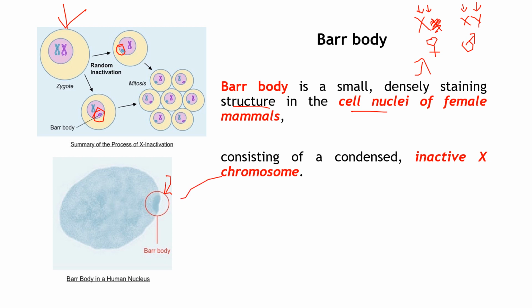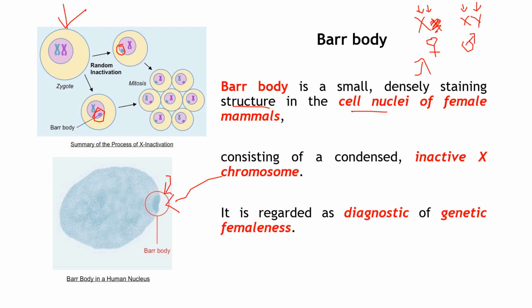So this bar body is actually an inactive X chromosome and is a diagnostic test for femaleness. So definitely this is not the answer, and with this, we finished that question. I tried to bring several other topics to make that more clear, so if that question appears in the test, you will easily answer it.